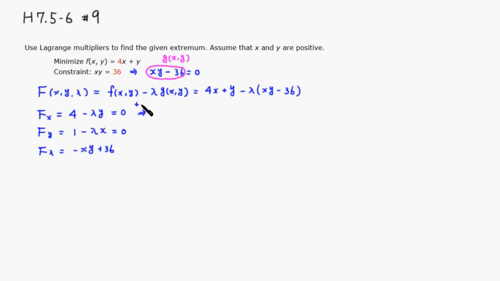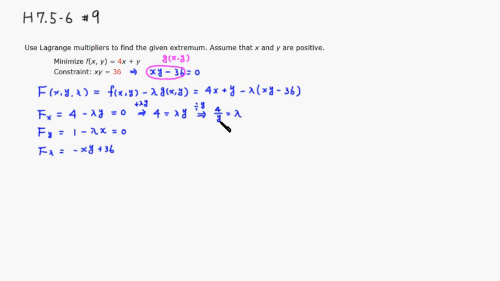So add lambda y to both sides, which gives us 4 equals lambda y. Then, since I'm solving for lambda, let's divide by y. So 4 over y is equal to lambda.